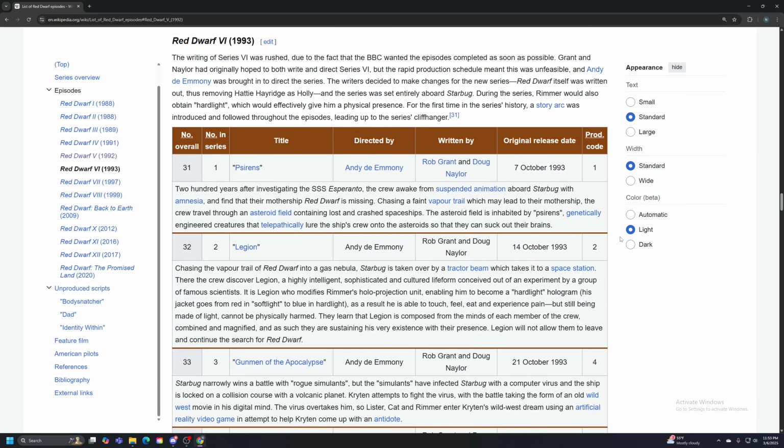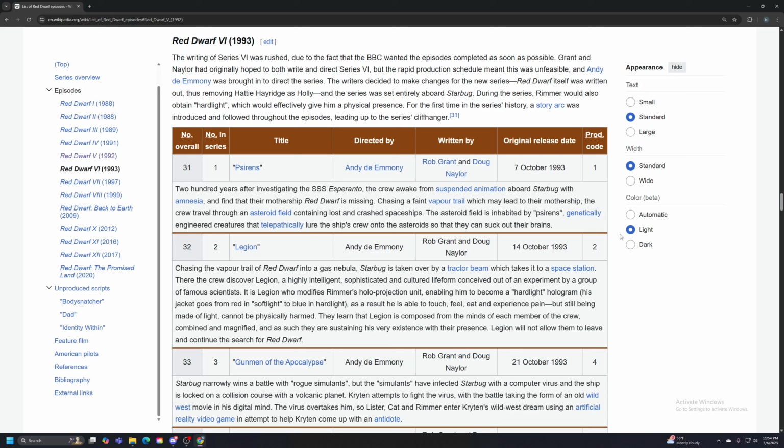Writing of Series 6 was rushed due to the fact that the BBC wanted the episodes completed as soon as possible. Grant and Naylor had originally hoped to both write and direct Series 6, but the rapid production schedule meant this was unfeasible, and Andy DeEmmony was brought in to direct the series. The writers decided to make changes for the new series.